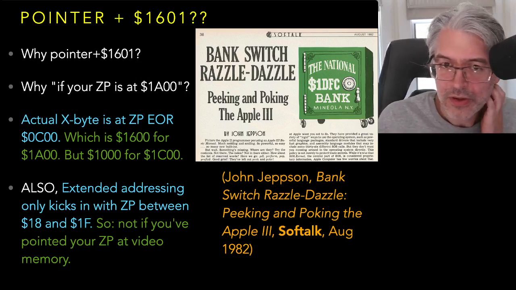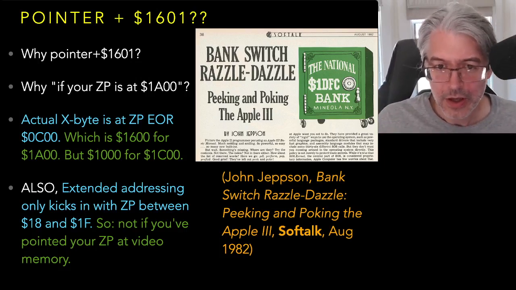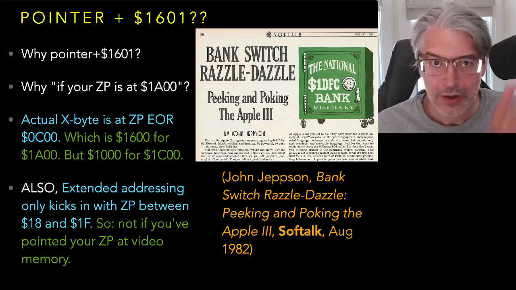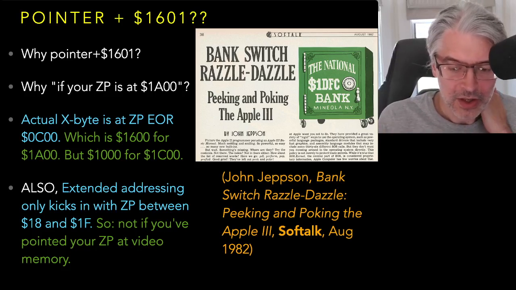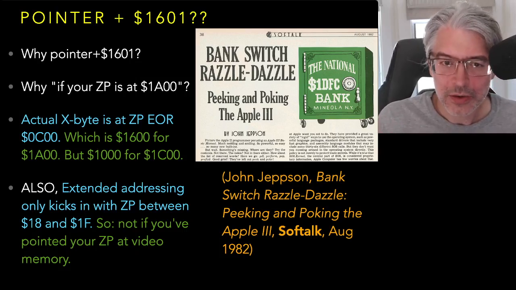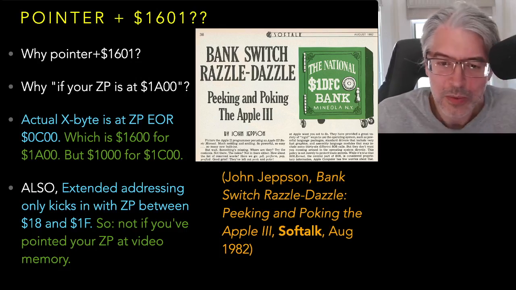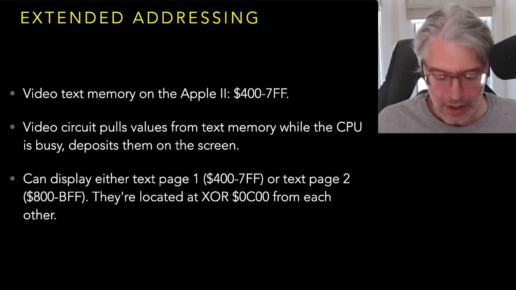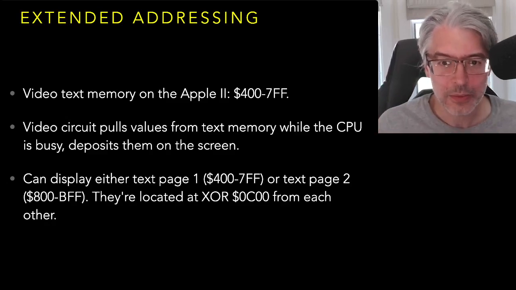So, okay, if your zero page is at 1800, your pointer, your X byte, is going to be at 1600. And the reason for that is actually that 1600 is 1800 exclusive or C100, and that doesn't seem like it tells you anything in particular, except that the reason this works has to do with how the 80-column text mode works.